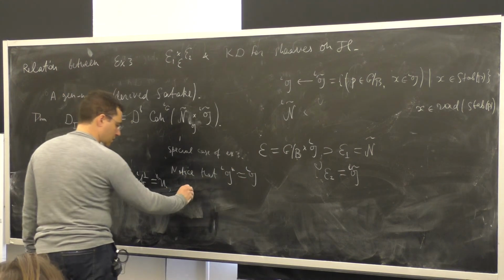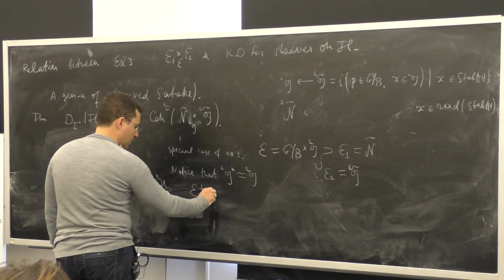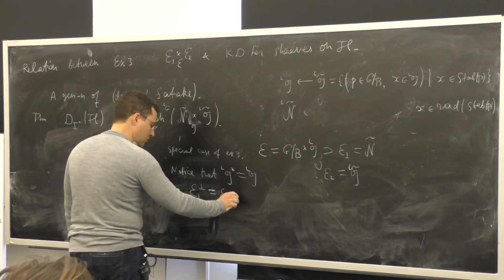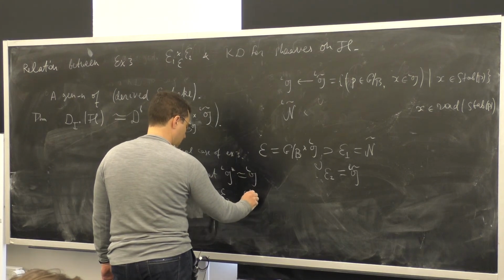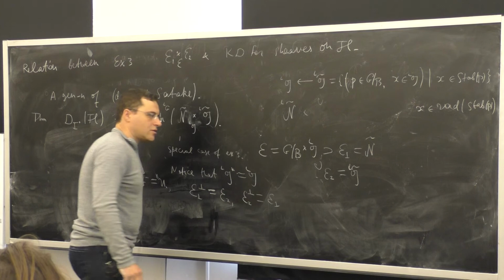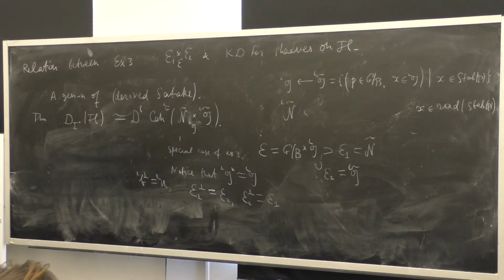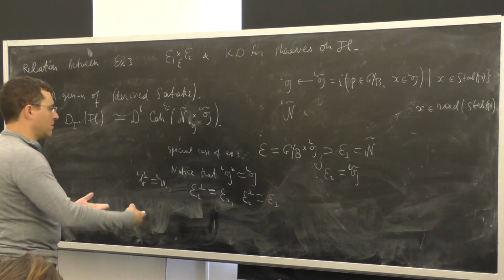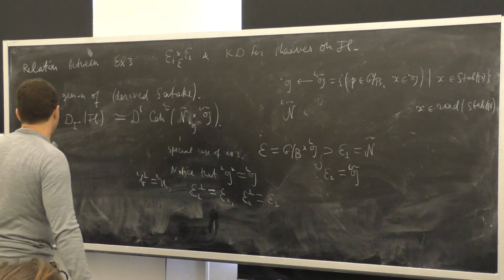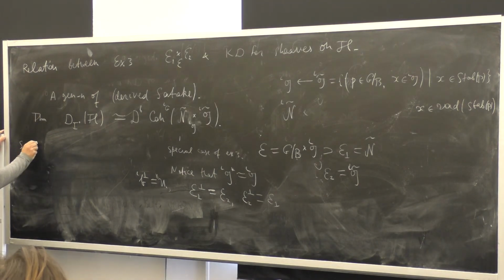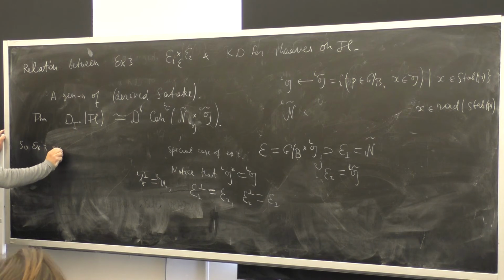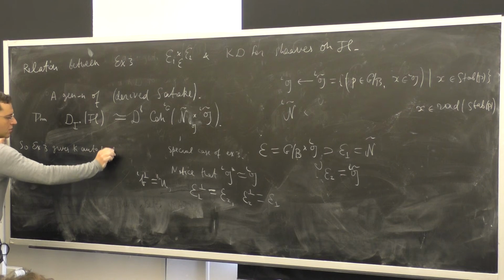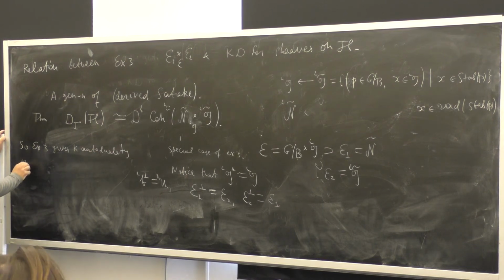So this means that in this setting E1 perp is equal to, if you identify it this way, then E1 perp is E2, and E2 perp is E1. So there is this funny situation where this is self-dual in this sense of this linear duality. So Mirkovic-Riche, so example 3, gives a Koszul autoduality on the right-hand side.